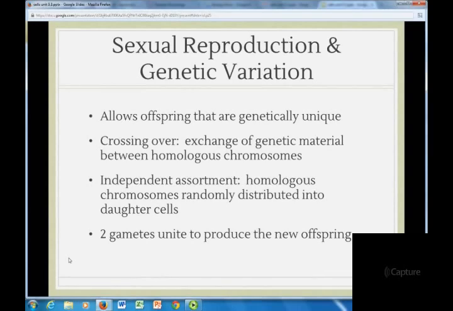The other daughter cell will then get B from the first chromosome, B from the second chromosome, and A from the third chromosome. So this allows you to create gametes that are unique. When the two gametes unite to produce new offspring, you get even more variation in there because you've had the other parent's chromosomes undergo crossing over and independent assortment as well.